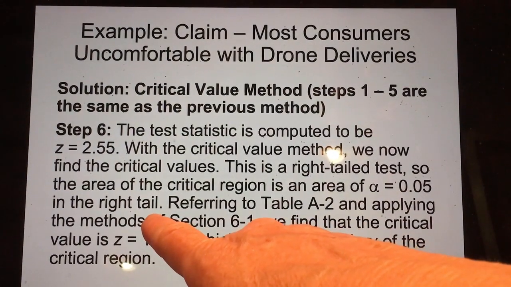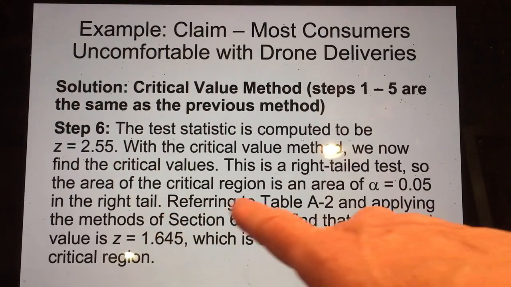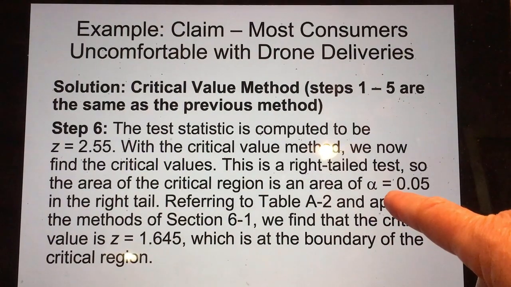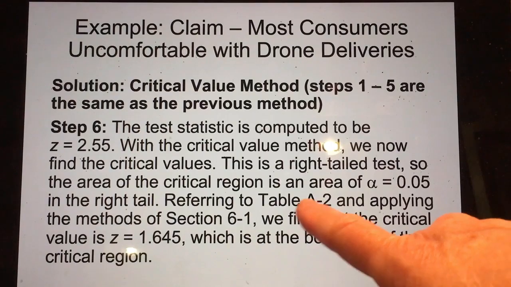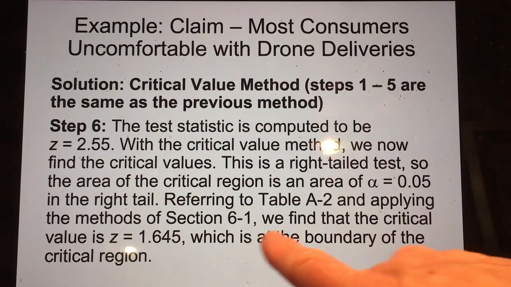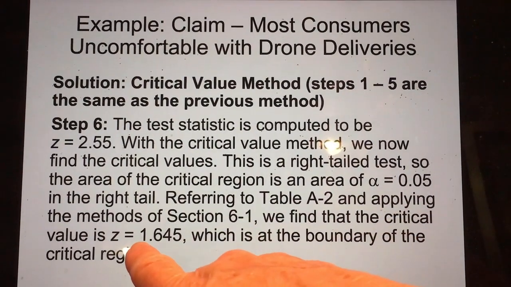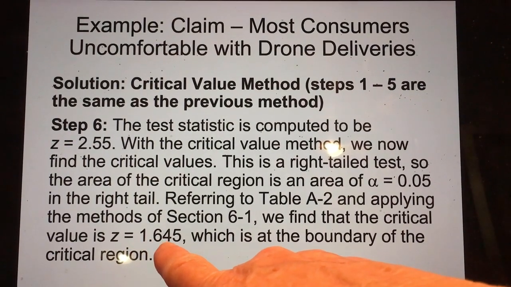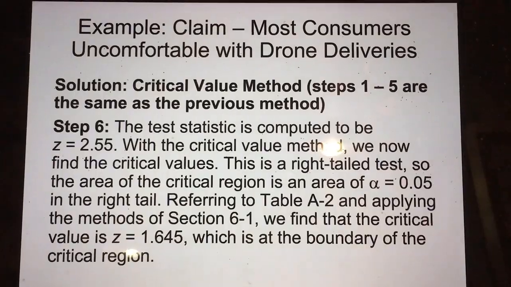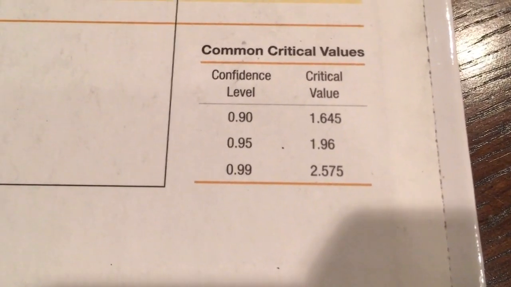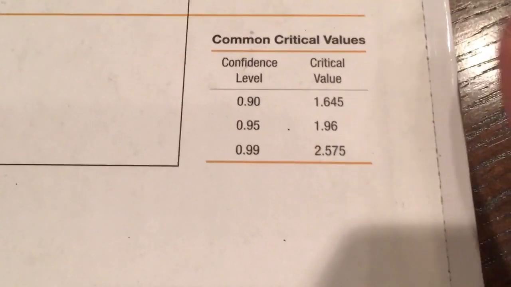This is a right-tailed test, so the area of the critical region, the area of alpha, is 0.05 in the right tail. Therefore, we're going to have how much in the left tail? We're going to have 0.95 to the left, and 0.95 to the left is going to match with a z-score of 1.645. Again, we could look at our little common critical values.